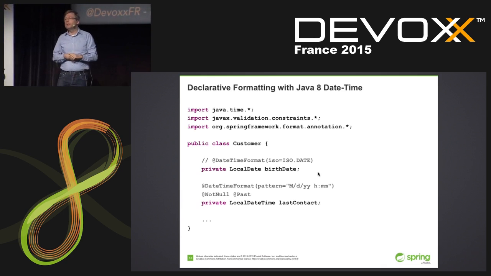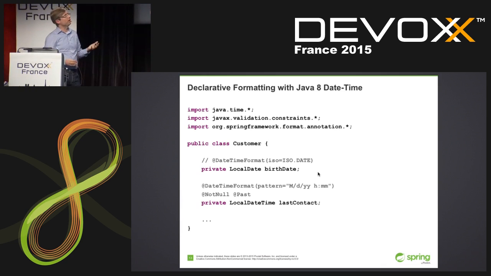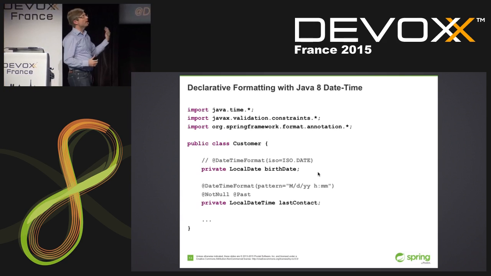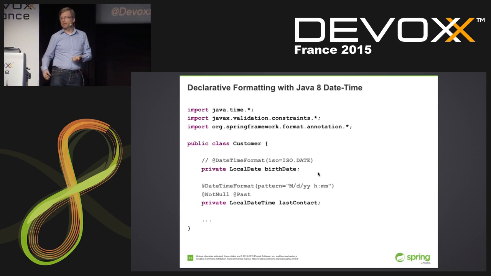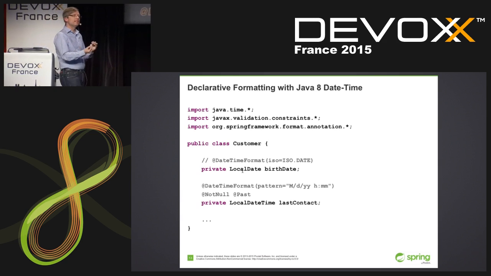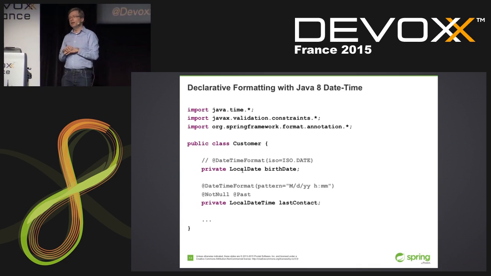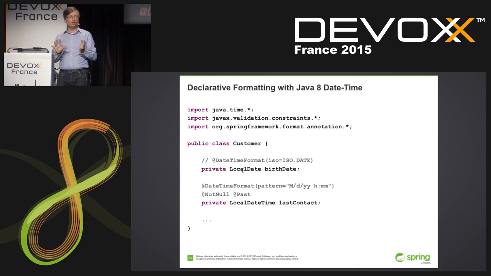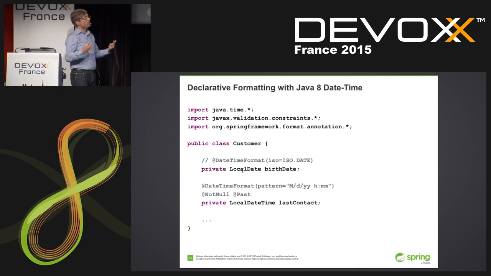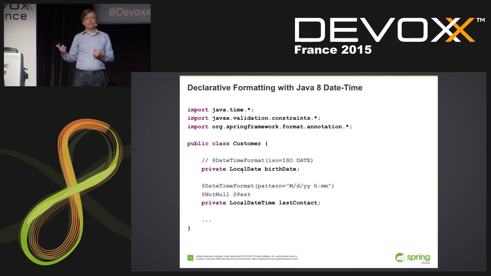However, if the field type itself is expressive enough, you don't necessarily need to add a formatting rule anymore. Because if you're saying LocalDate, the type itself says this is a date, no time part included. It's a standard date representation. So our binding infrastructure in Spring, by default, uses the ISO date representation, because the type itself suggests that.